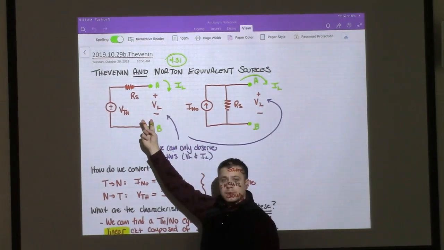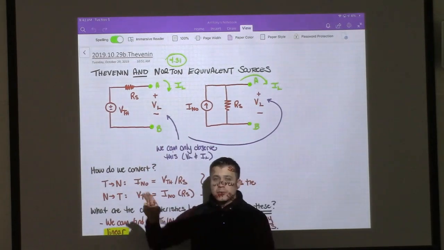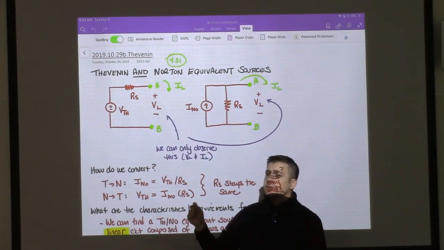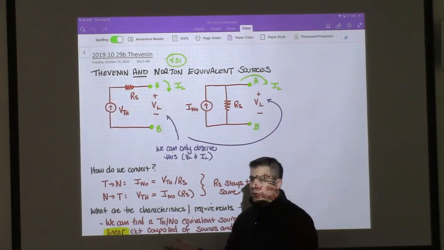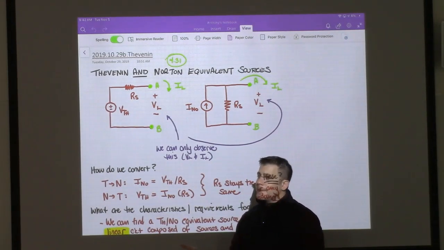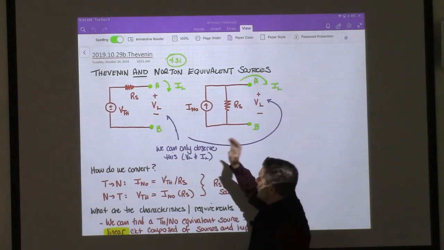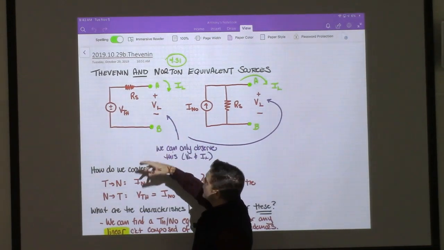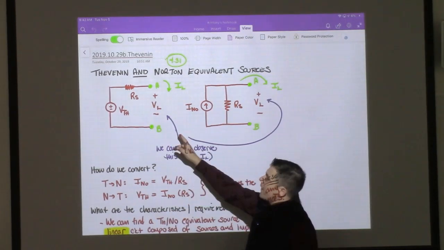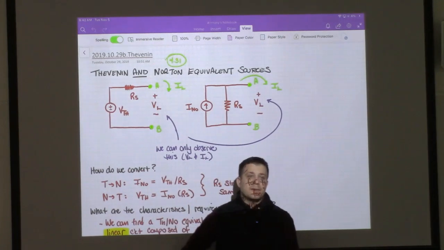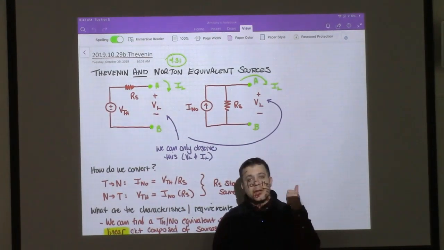There's no voltage drop across RS, and that means that VL is equal to VTH, right? So if we want to figure out VTH, we can do what's called an open circuit test, or analyze the circuit under no load condition. We don't connect anything here. We solve for what the voltage is at VL, at the terminals, and that is, by definition, what VTH is.